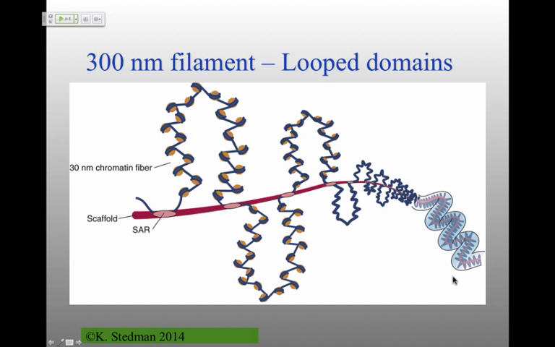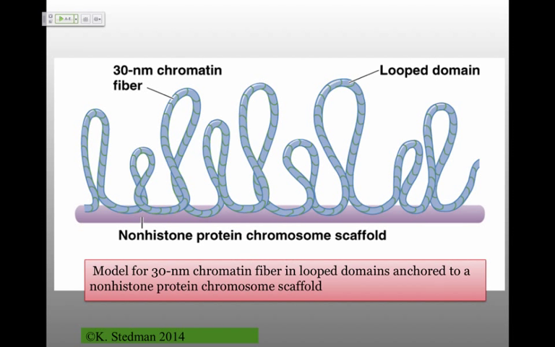And again, this is quite nicely shown in that video, which I'll re-put the link back up again. Another way of looking at this process is here. Again, this is just a model for looking at these structures. We've got non-histone protein, scaffolding proteins down here, and the 30 nanometer chromatin filament, which is almost all histones, associated with that at these scaffold attachment regions.